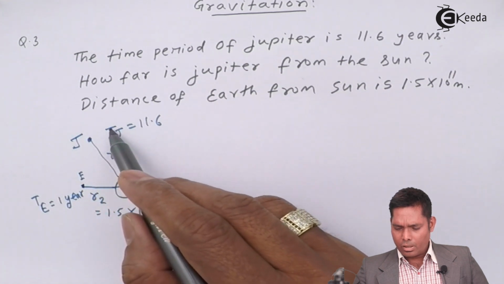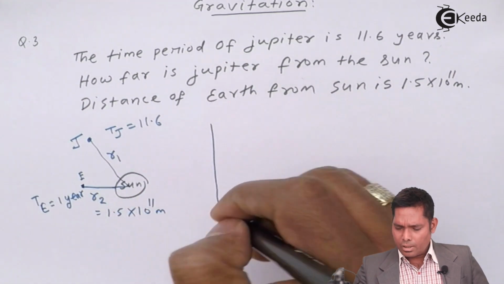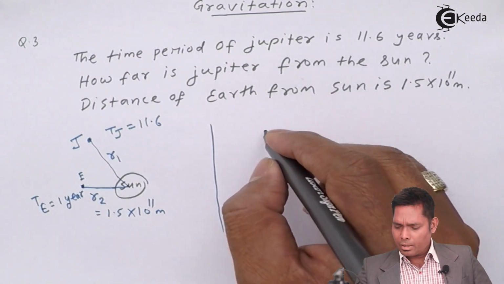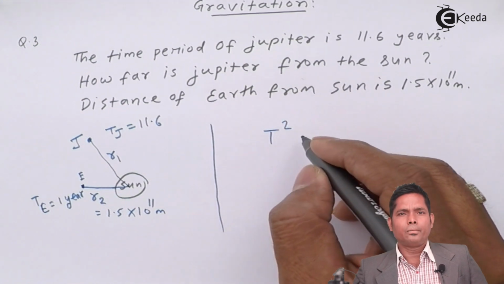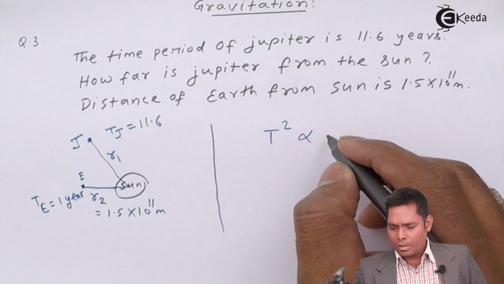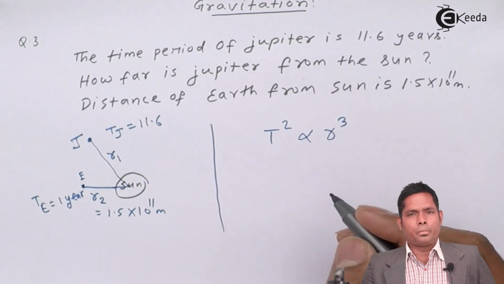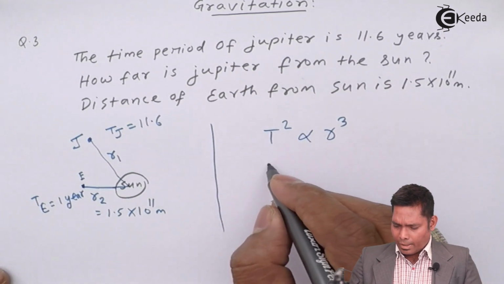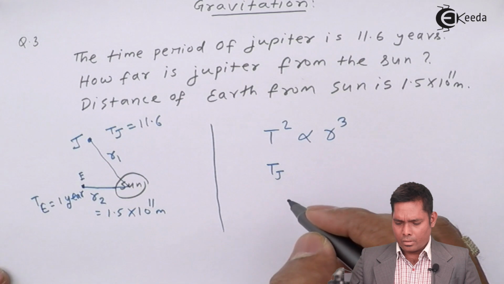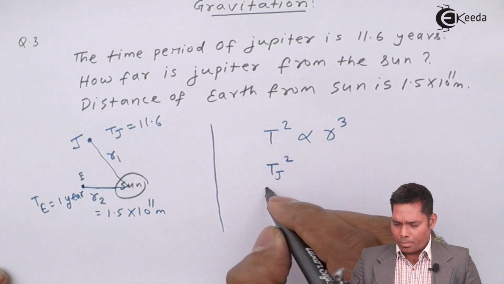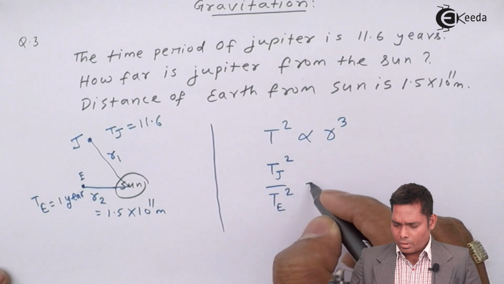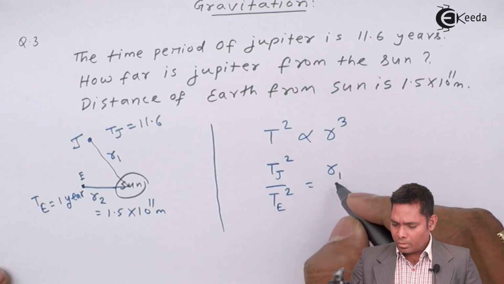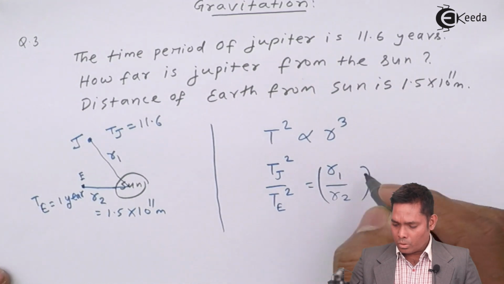So what is the relation between T and R? The solution to this is that we have from Kepler's law, or by Newton's law of gravitation, that the square of the time period of any planet is directly proportional to the cube of the orbit radius. So from here I will write that T_J squared, J for Jupiter, upon T_Earth squared is equal to the radius of Jupiter, which I have taken as R1, divided by R2, the whole cube.